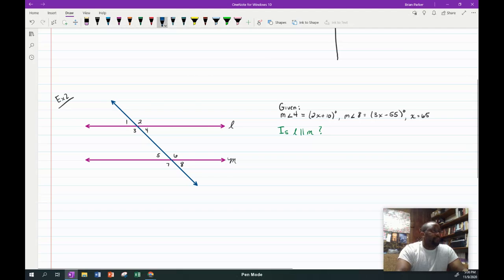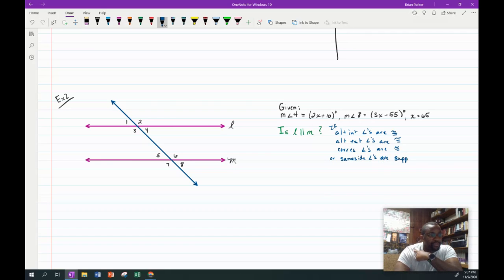L and M will be parallel if alternate interior angles are congruent, and if alternate exterior angles are congruent, if corresponding angles are congruent, or if same side angles are, this one is special, supplementary. Okay, that is how we'll know.